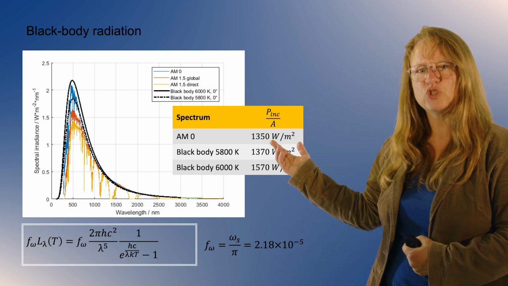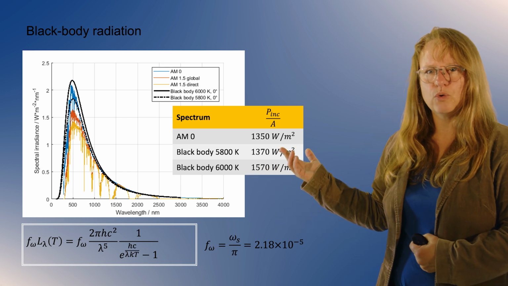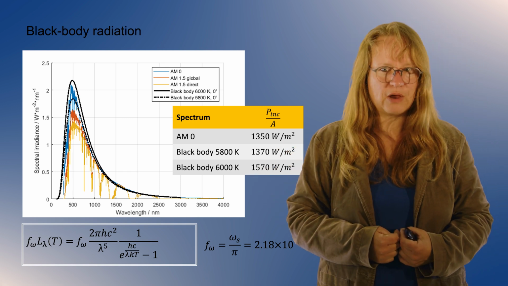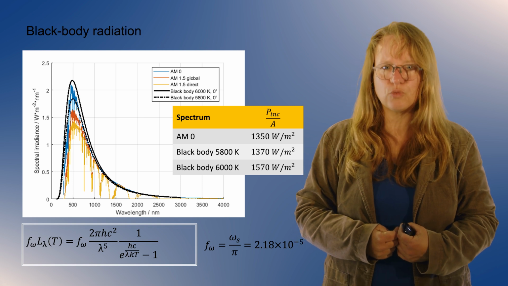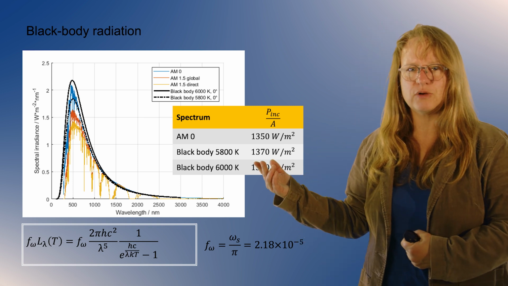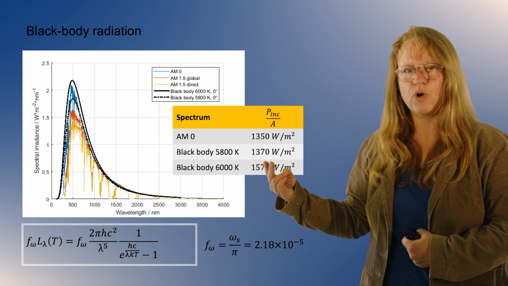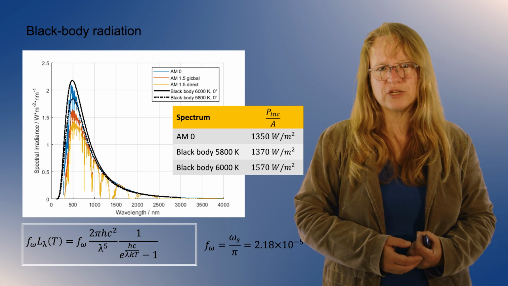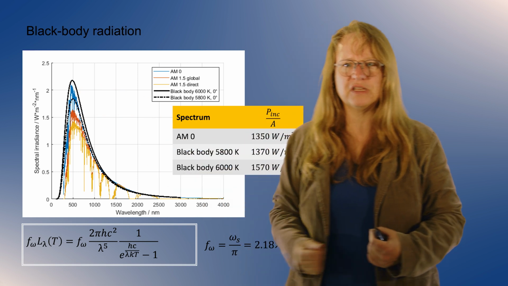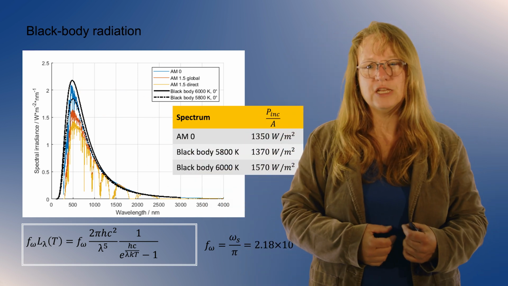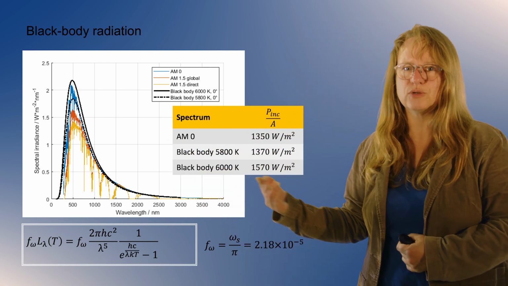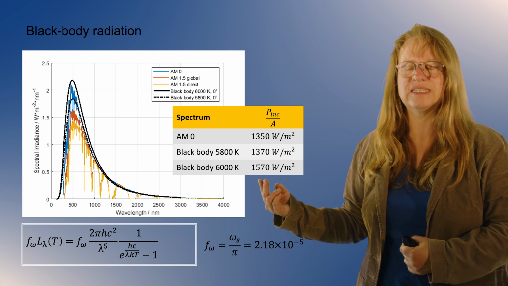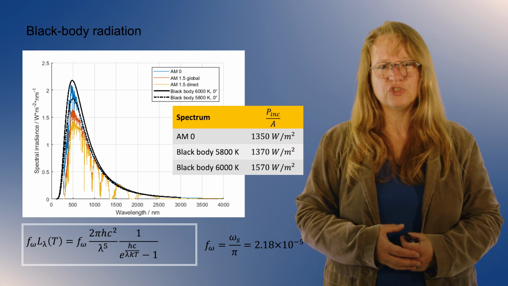If you compare the absolute values, the AM0 spectrum has an absolute power of 1350 watts per meter squared, and at 5800 Kelvin, a black body has 1370 watts per meter squared. So this dashed curve is closer in terms of integrated intensity than the 6000 Kelvin curve, which would correspond to 1570 watts per meter squared.